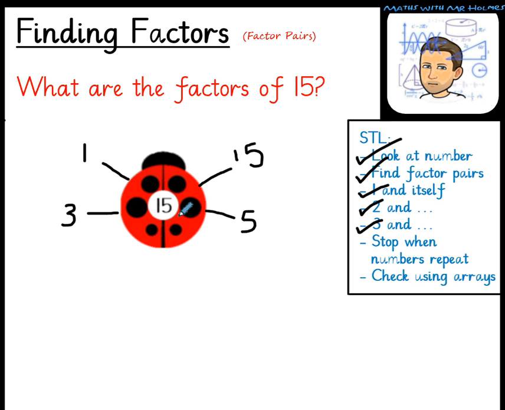But using our knowledge, 4 is even, so 15 is not going to be in the 4 times table. 4, 8, 12, 16. No. So we'll go on to our next number, which is 5. But hold on, we've already got 5. And so we need to stop when the numbers repeat.